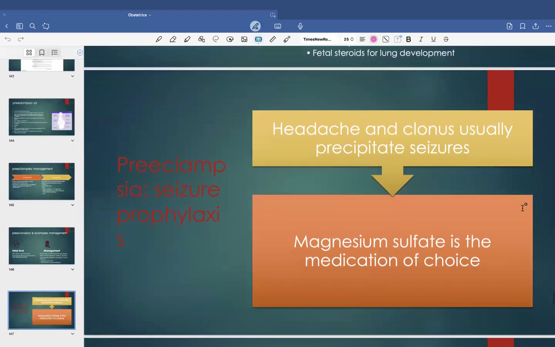Prophylaxis for seizures: magnesium sulfate is the medication of choice for prophylaxis of seizures in preeclampsia. Headache and clonus usually precipitate seizures. That's why it's important. If your patient has a new onset headache, you need to evaluate thoroughly.